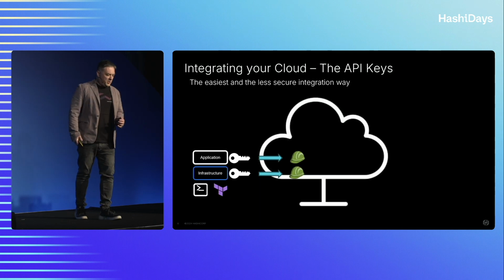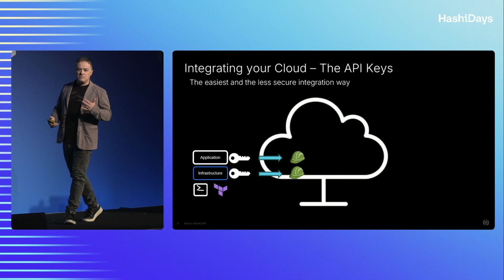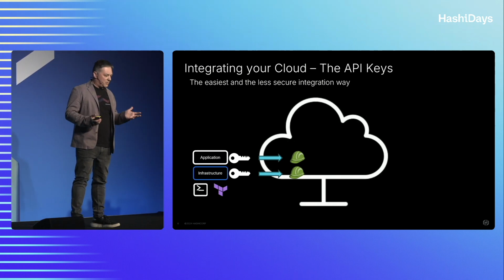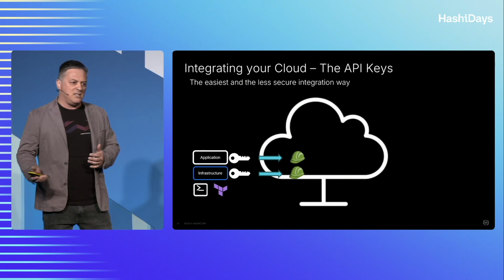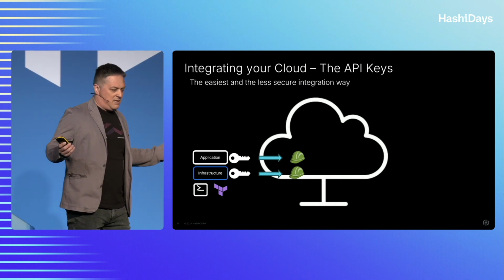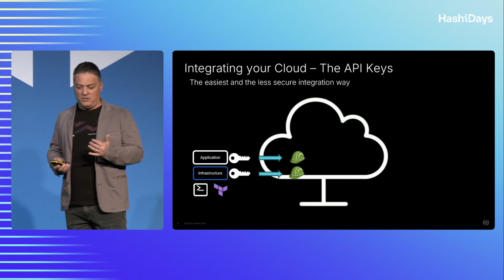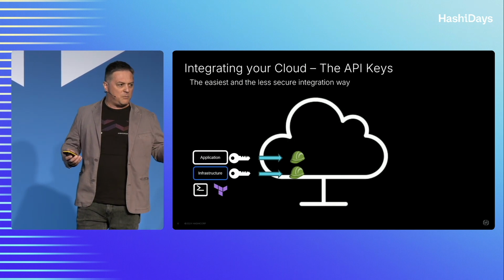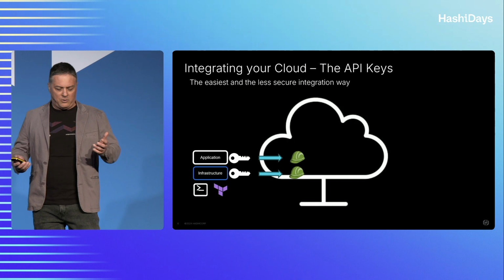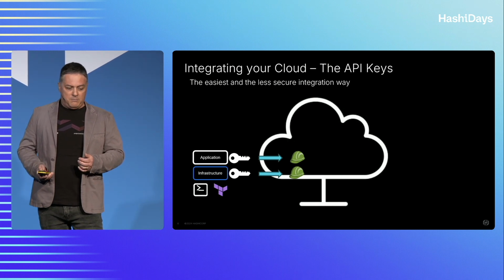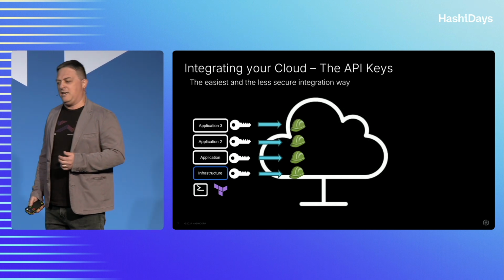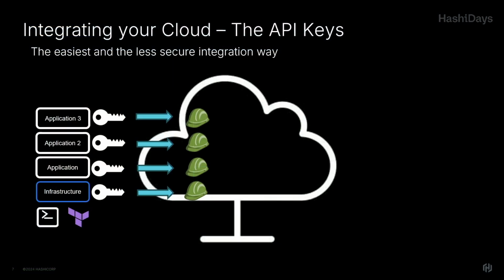So I will give you some hints on how to address this. We know that in order to authenticate with the platform, we can use a client ID and secret, which is the easiest and simplest way to start using your cloud provider, your cloud as the target of your deployment. But the number of keys will increase a lot, especially when you deliver your application in a multi-account or multi-cloud setup.